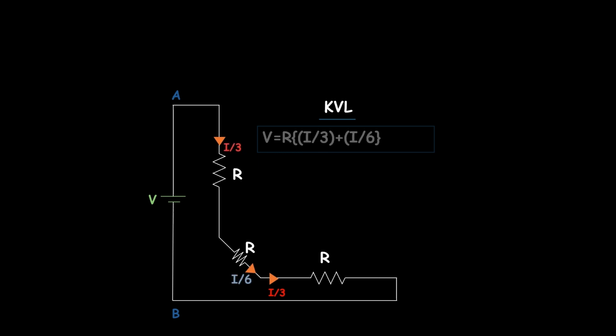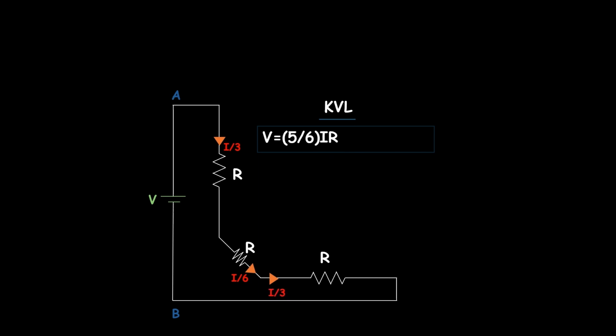The current passing through this resistance is I by 6. So it can be taken as R into I by 6. Similarly, the current passing through this resistance R is I by 3. So the voltage drop across this resistance can be taken as R into I by 3. We need to solve this equation to get the equivalent resistance along AB.